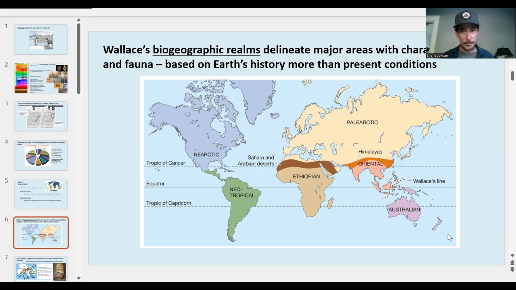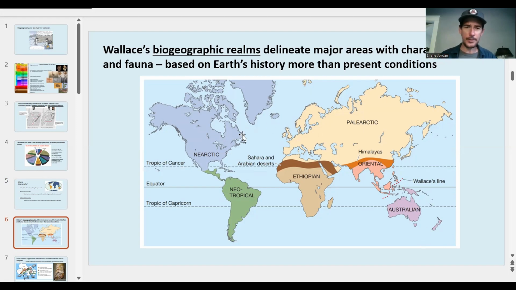And as it turns out, the differences in the distribution of this flora and fauna very much is based on Earth's history, in some ways maybe more so than present conditions. So things got distributed to where they occur now via very historical processes, and they either continue to occur where they can or evolve where they can via more ecological biogeographical processes.